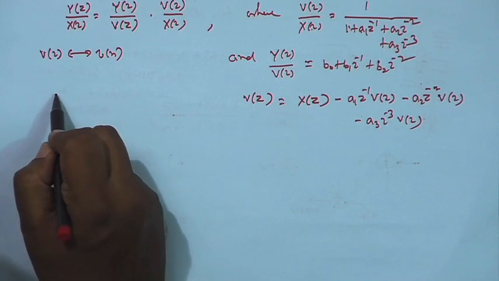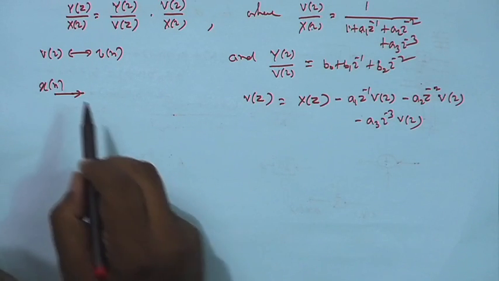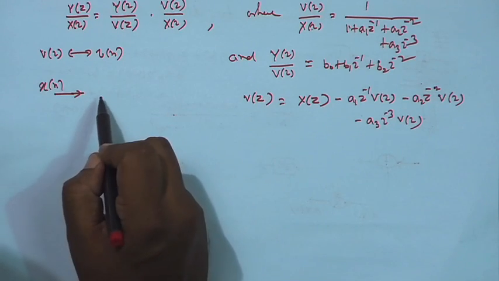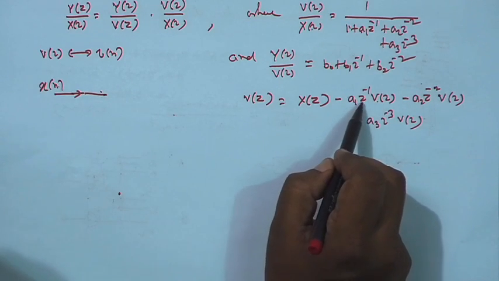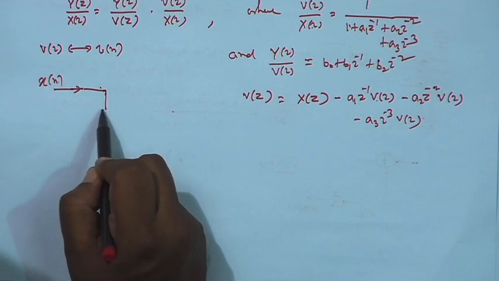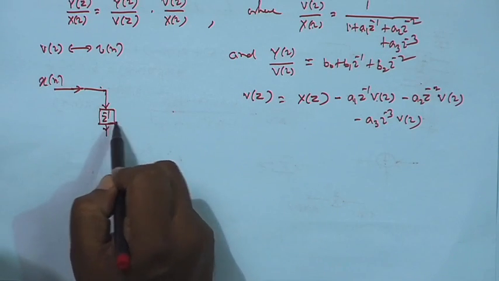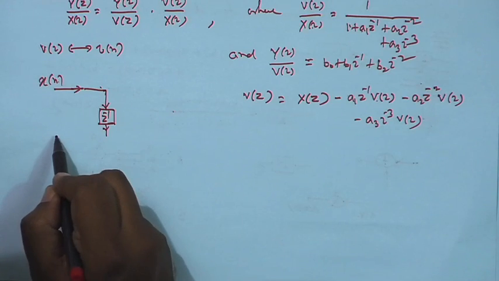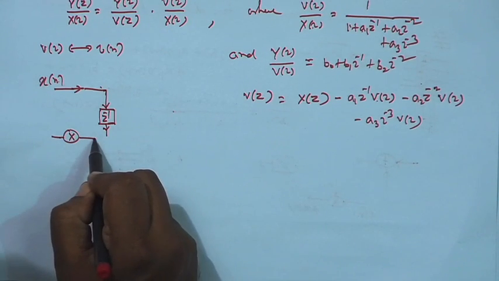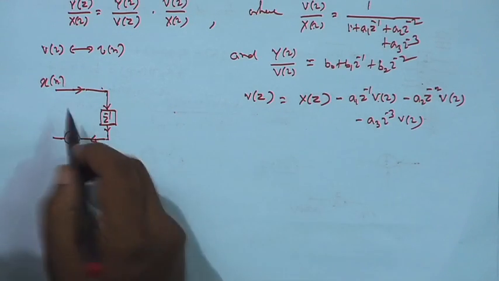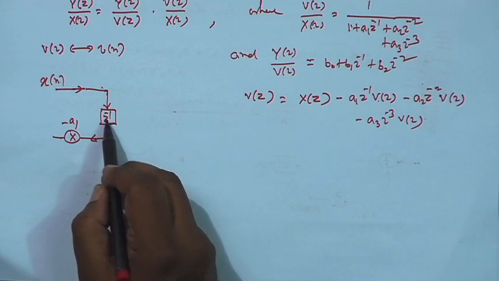Okay. So, suppose here is your X[n] and that gives rise to X(z). X(z) I multiply, that I delay. So, I introduce a Z inverse. Okay. Suppose I multiply by minus A1.